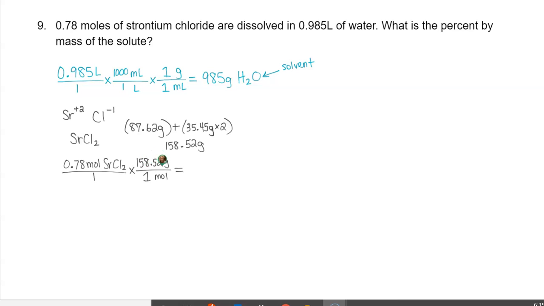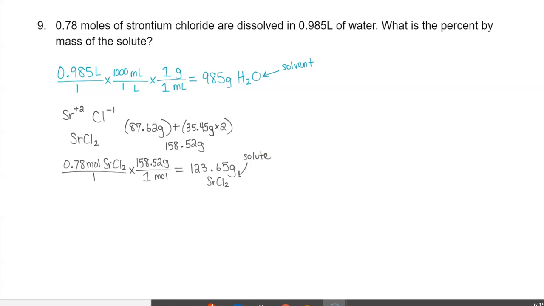We'll substitute that in, 158.52. And then we will multiply that by 0.78 moles to get our total mass of strontium chloride of 123.645, so I'm going to round to 123.65 grams of SrCl2. This is our solute, the thing that we are dissolving.